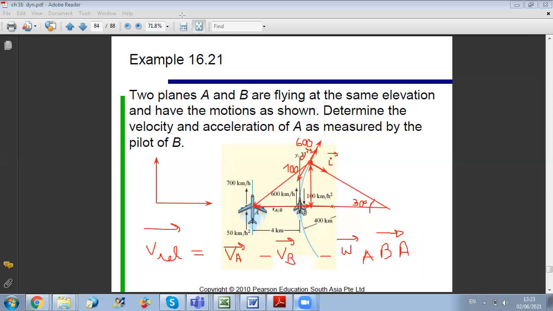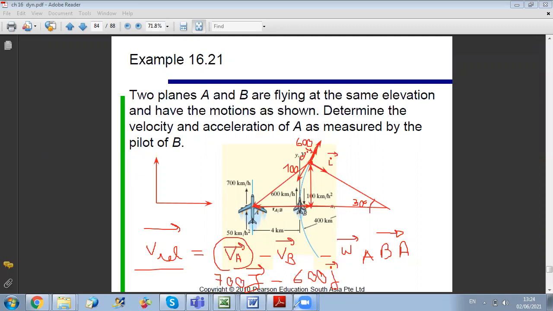For example, if I consider the expression of V relative, first, vector VA is along big J. So if I want to write the expression of VA, it is 700 times big J. Now for vector VB, it is along small j. So if I want to put it as it is, plus 600 with a minus before it, so minus 600 times small j. Okay, but of course I cannot leave the addition like this.